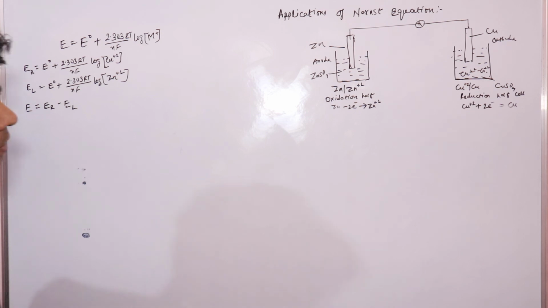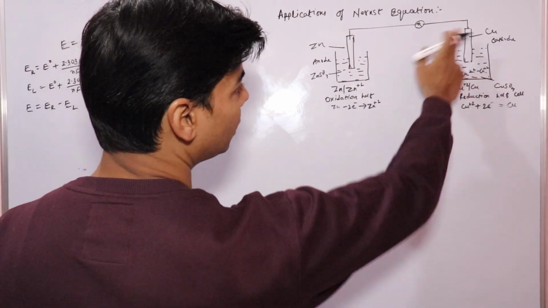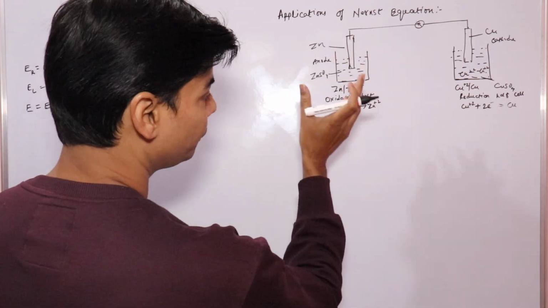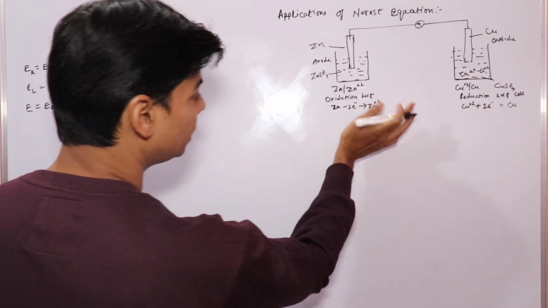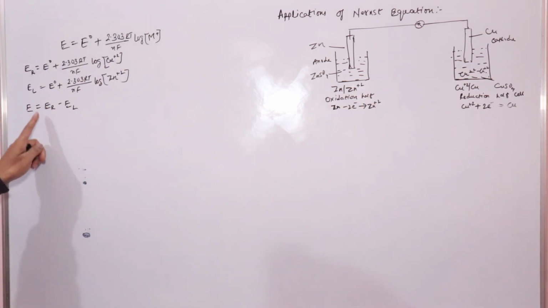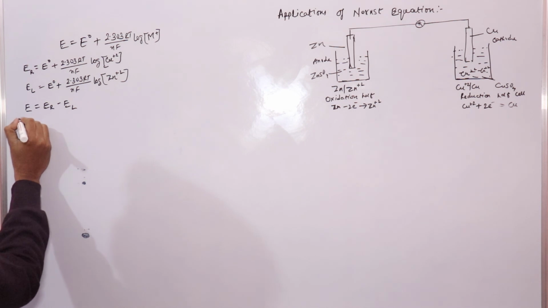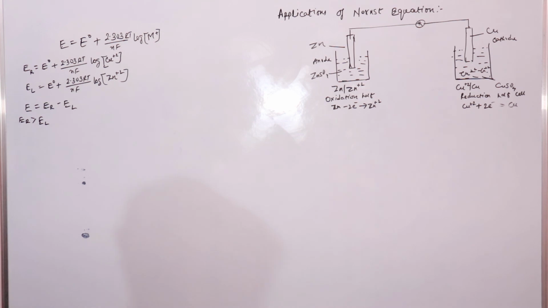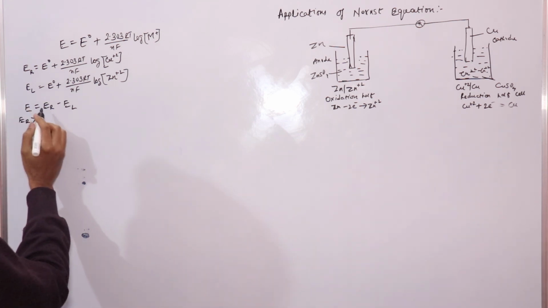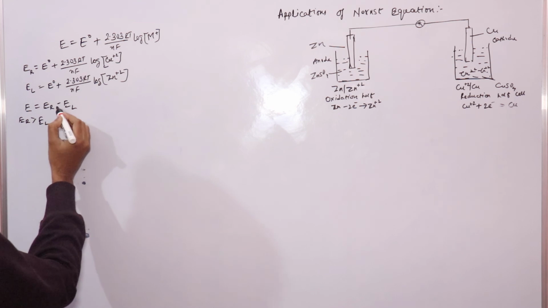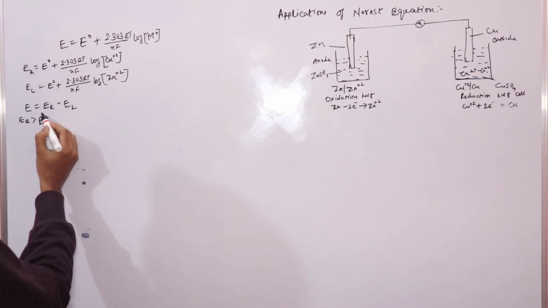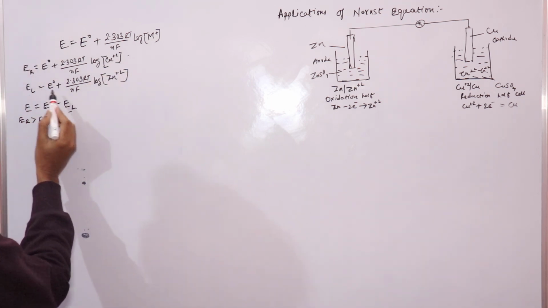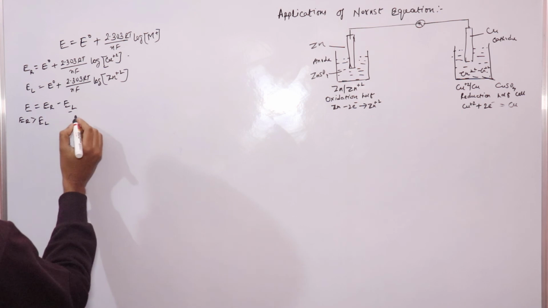We know that the reduction potential of the copper electrode, where reduction is occurring, is higher, and that of the zinc electrode, where oxidation is occurring, is lower. So we have written ER minus EL, where ER is greater than EL. If I want to find the EMF of the cell, I'll put the value of electrode potential for the copper electrode and for the left hand electrode, the zinc electrode, from these equations.